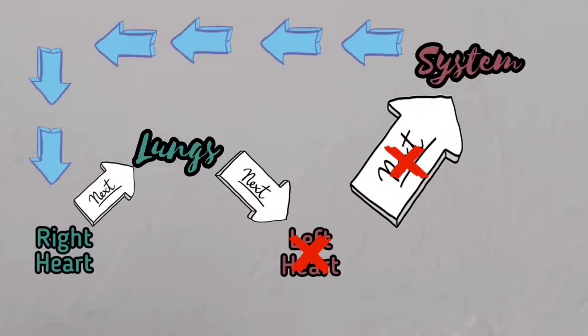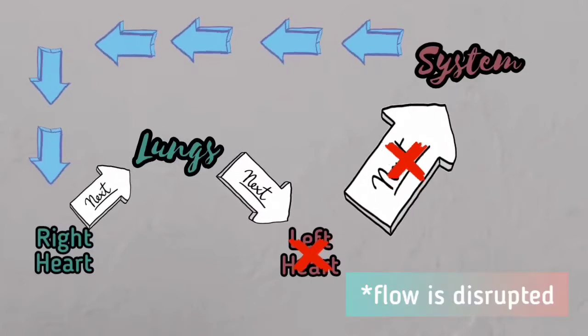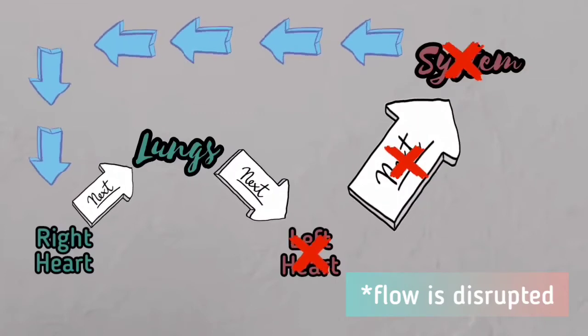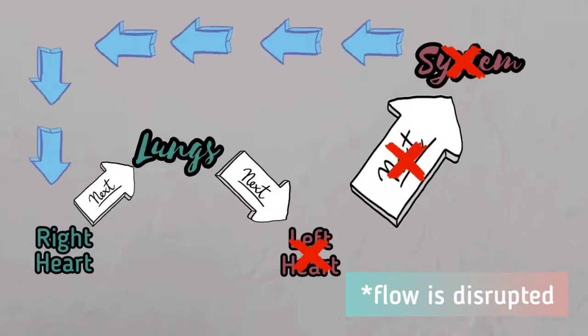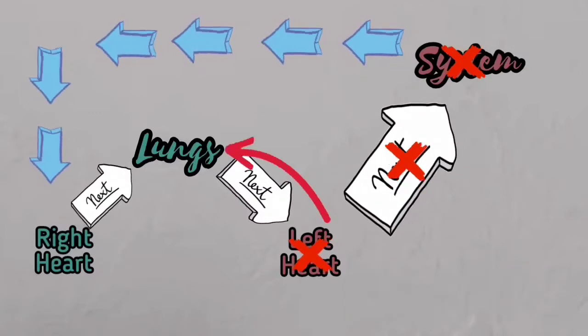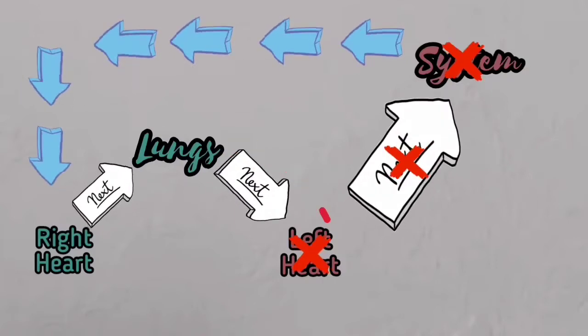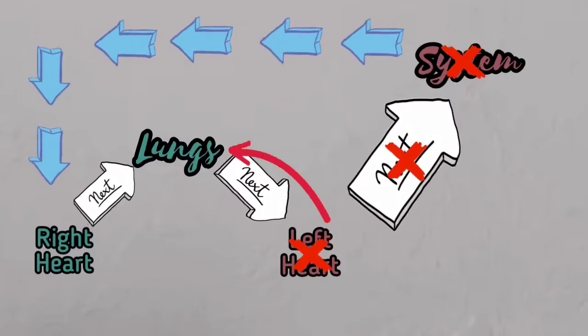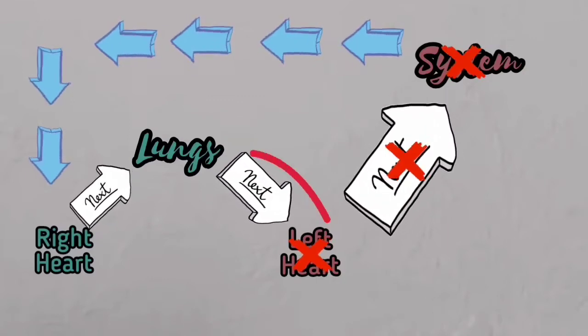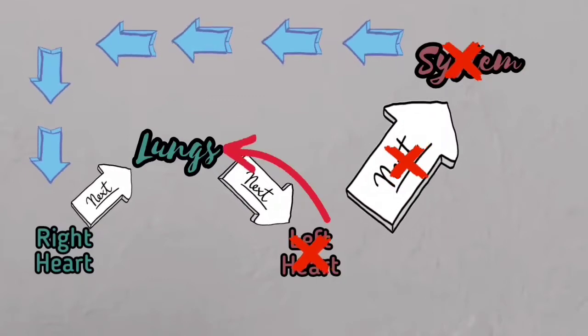So this flow is not possible. Or even if it's possible, there's only a small amount being given from the left heart to the system. So it's not as efficient. What happens then is that blood starts to pool in the lungs. So the blood accumulates inside the lungs, as well as other fluids that should have already been put out into the system. So this is what causes pulmonary edema.